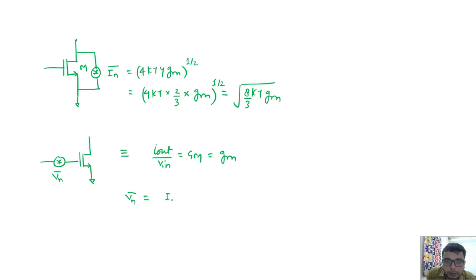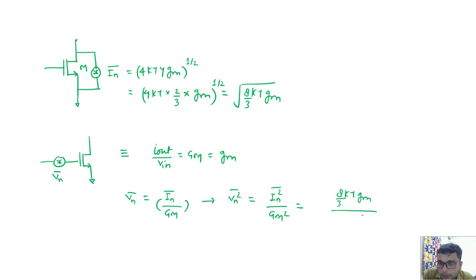So I will write IN divided by GM, or in terms of voltage square, it will be IN square by GM square. So it will be 8 kT by 3 into GM divided by GM square.